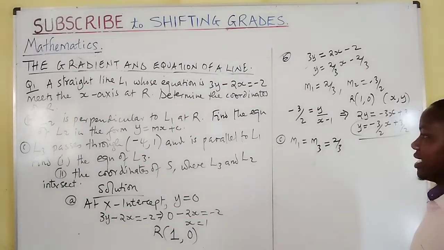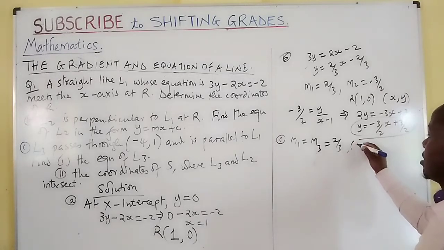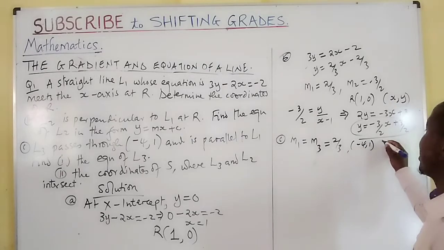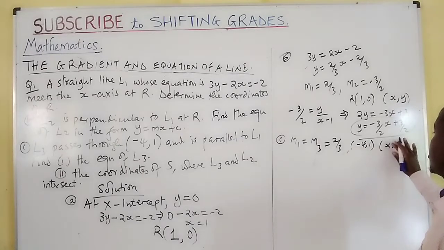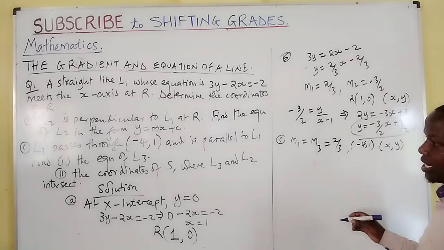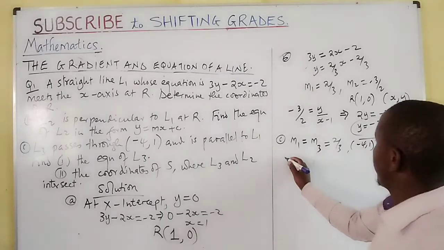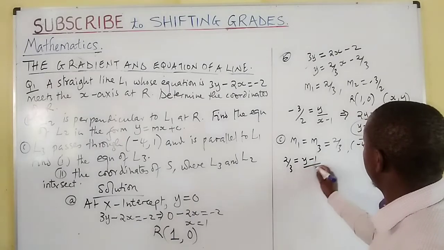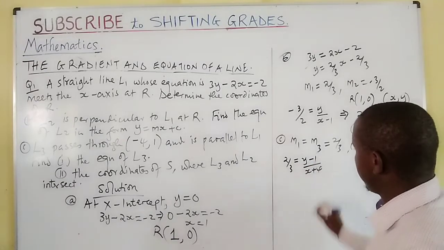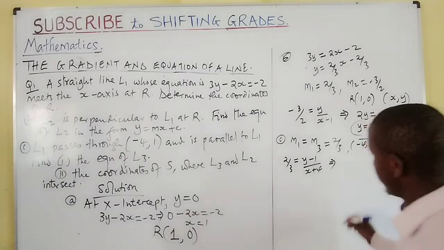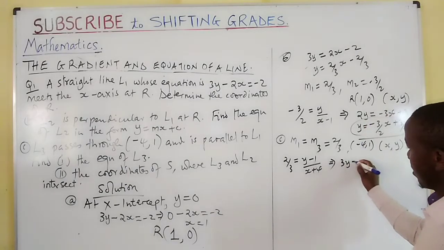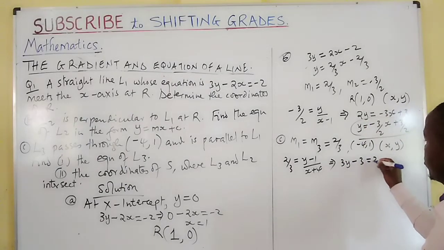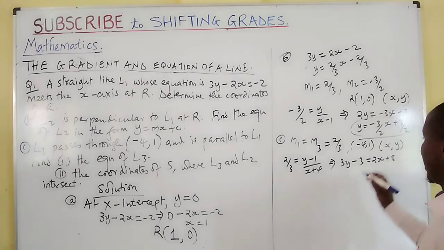With the gradient being the same, we can choose the point where it passes, (-4, 1), and another point (x, y) to calculate the equation of this line, whereby we will have 2 over 3 equal to y minus 1 over x plus 4. When you cross multiply, 3y minus 3 is equal to 2x plus 8.